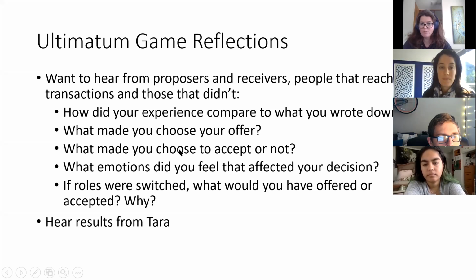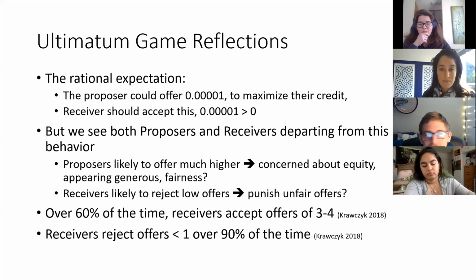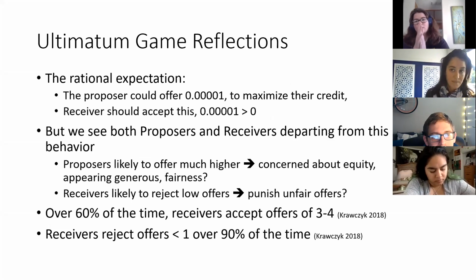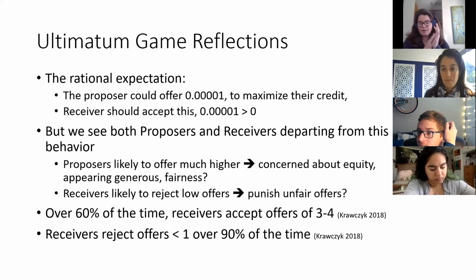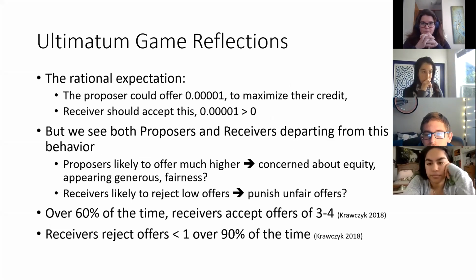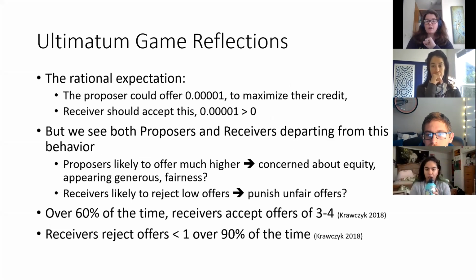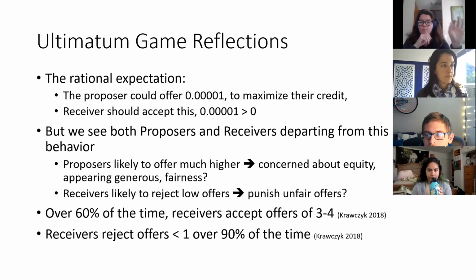I'd love to hear from that group how that came about. But to think about what happened here: if we all were perfectly rational economic actors, and both the proposer and the receiver were trying to maximize the amount of credit they have, then we might expect the proposer to offer the receiver some amount approaching 0.